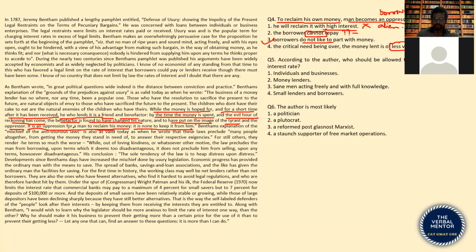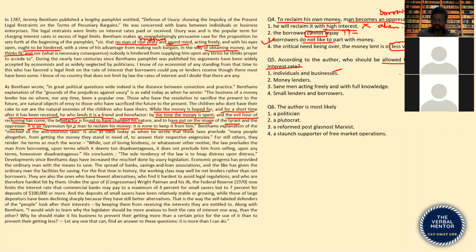Question 5. According to the author, who should be allowed to borrow and lend at any interest rate? Here he said, no man of ripe years, which means mature, no man who is an adult and of sound mind, who is acting freely, should be hindered from obtaining money at whatever interest rate he thinks fit.